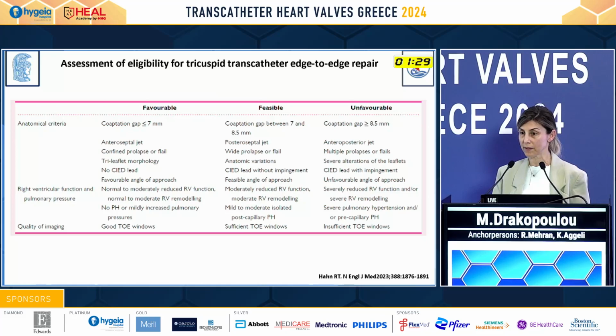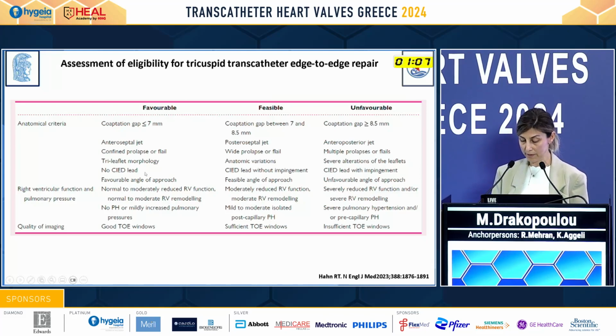We know that this has evolved during the last years, starting with a clip at the position of the mitral valve. We have favorable, feasible, and unfavorable characteristics. Among them is the coaptation gap, which should be less than 7 if we consider it a favorable case. More than 8.5 is an unfavorable case.